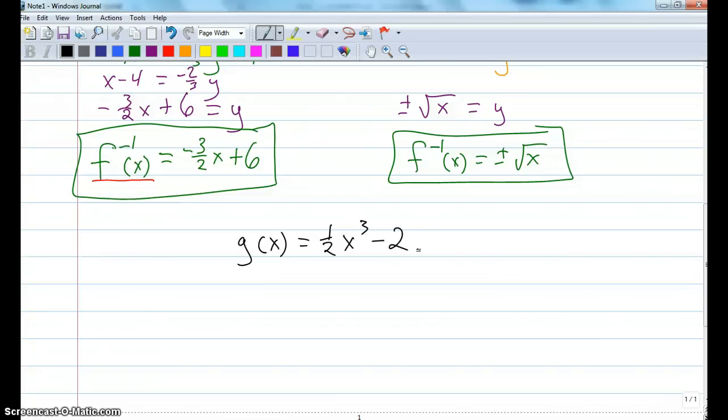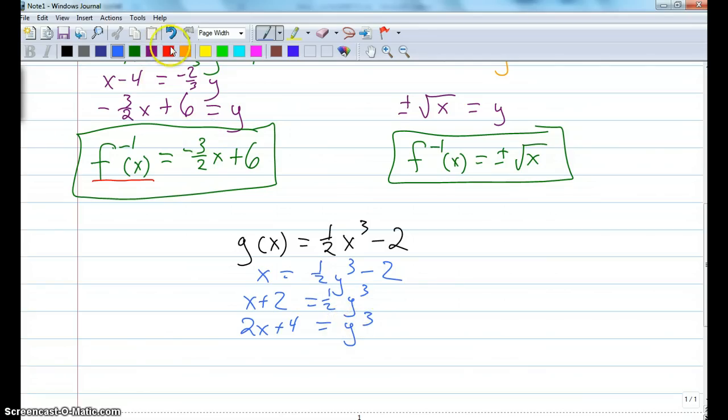All right, so let's find the inverse here. Change the x and y, so you got x equals 1/2 y cubed minus 2. Add 2 to both sides. X plus 2 is 1/2 y cubed. Multiply by 2 on both sides. So you got 2x plus 4 equals y cubed. Now, how do you uncube something? You take the cube root of both sides.